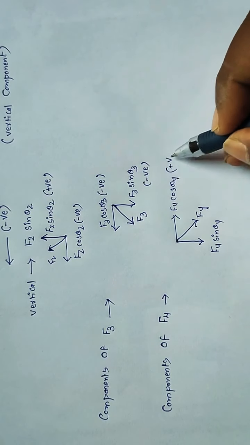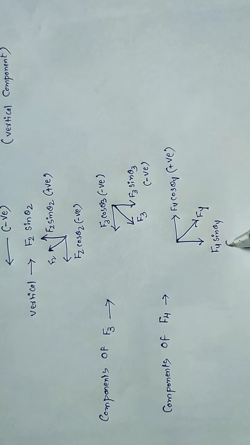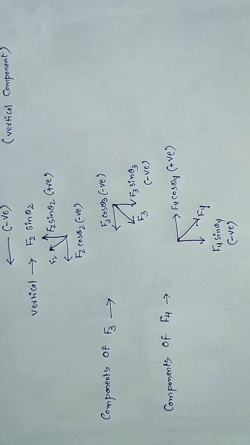So the horizontal value is positive because it acts in the positive x direction. F4 sin theta 4 is negative, as the vertical component acts in the downward direction. So for every force we got two components, horizontal and vertical.